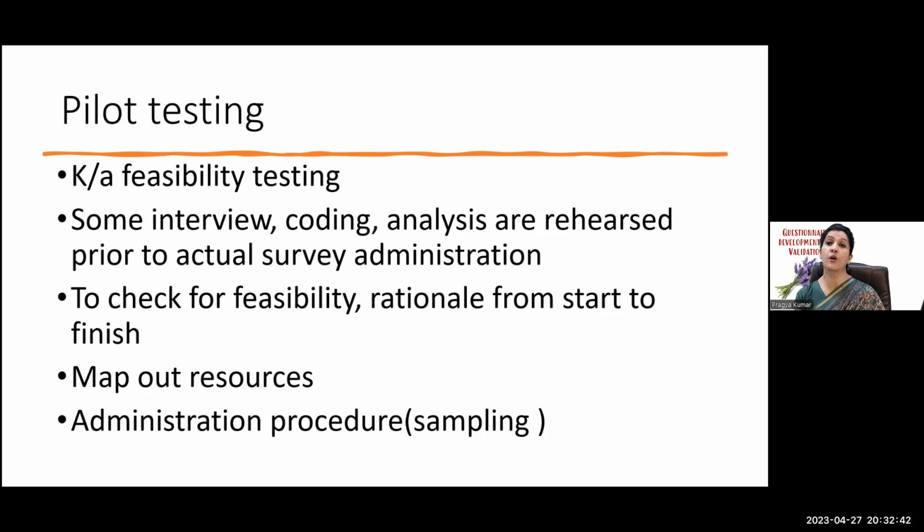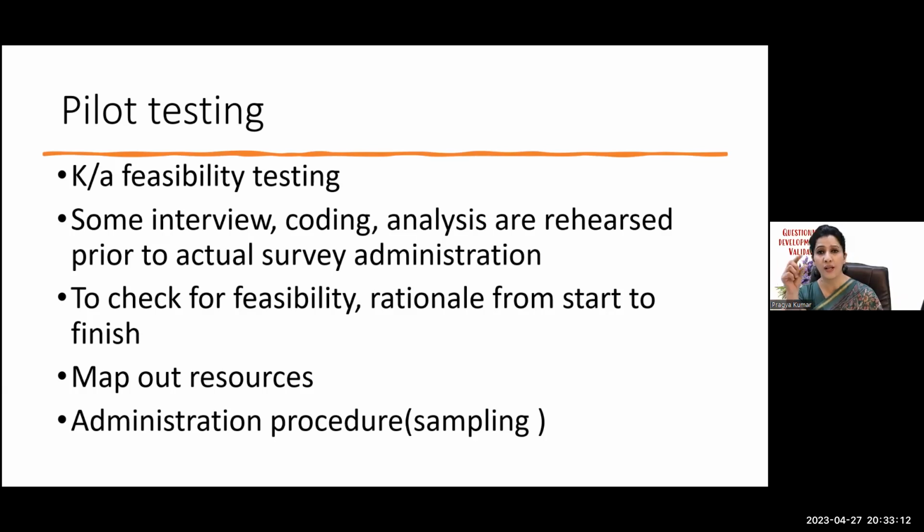If you are doing a record-based study, definitely you should do some record checking. Before you make a research question, you see all the records and the availability of the data. In case control, you see the control also. So you make the protocol, and then you see whether you will get the data or not.